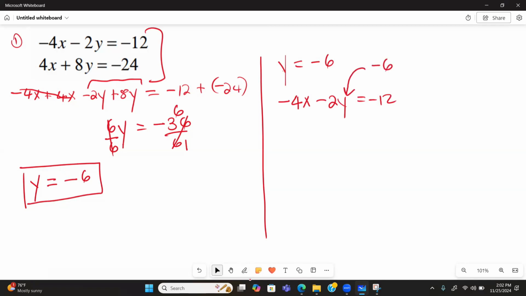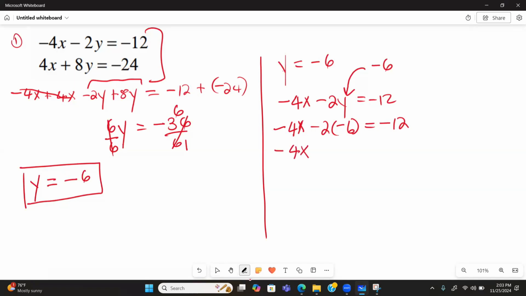I'm going to place -6 there so that the y is gone, and then I solve. So we're dealing with -4x minus 2, and I replace that y with -6, and this is equal to -12.